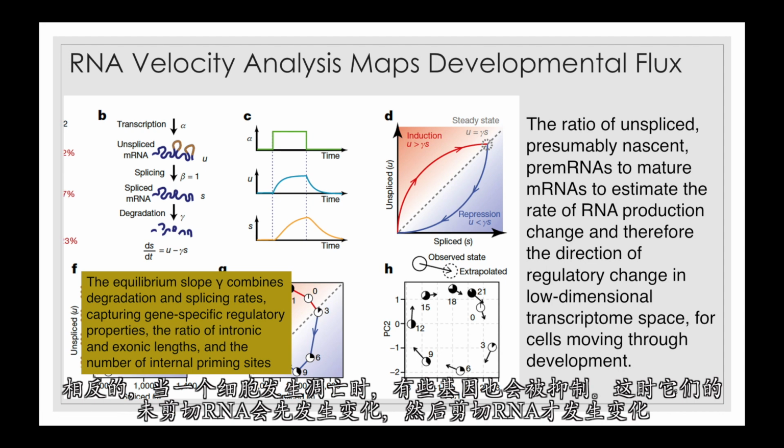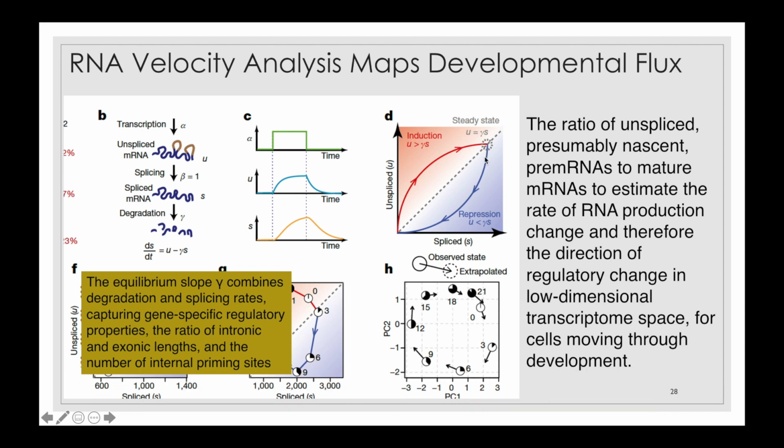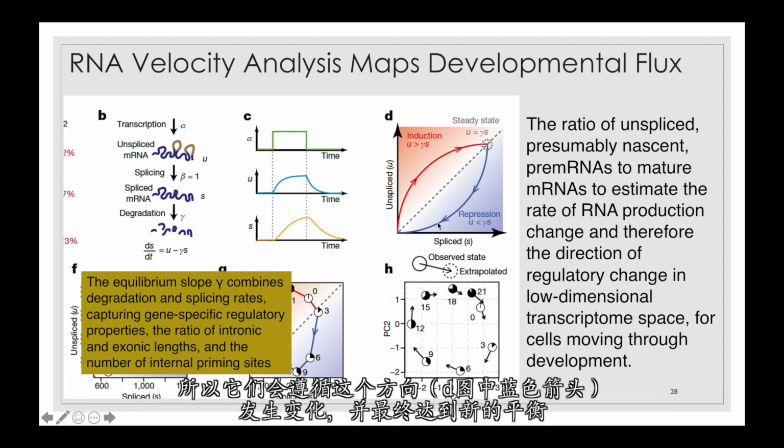And conversely, when a cell is going to be repressed or degraded, and some genes are also going to be repressed, the unspliced mRNA will decrease first, and then the spliced RNA will decrease thereafter. So they follow this direction to change their ratio and then reach a new steady state.